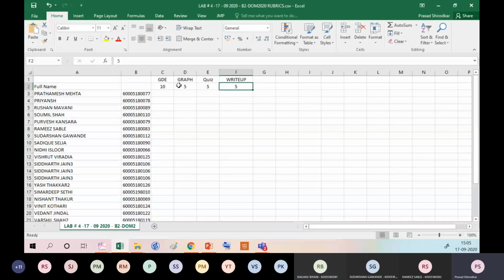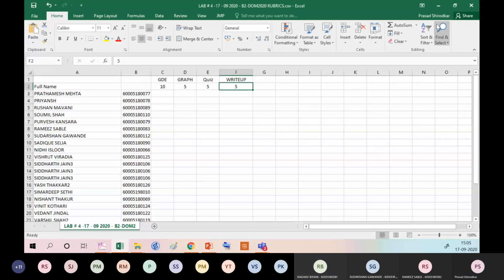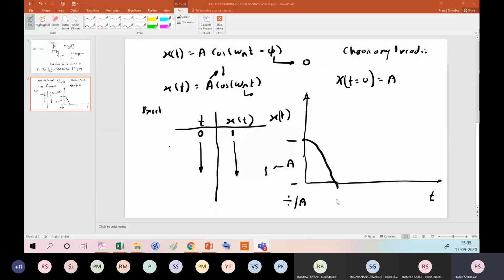Total is 25. Generate the graph in Excel and upload it as a response to this assignment.